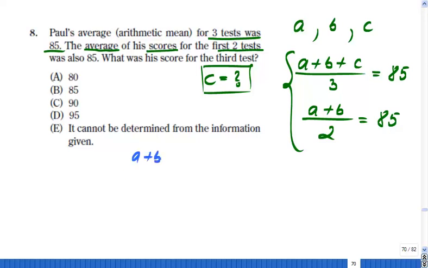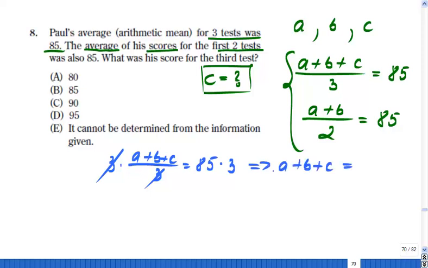I will multiply by 3 both sides. 3 divided by 3 is going to be 1. A plus B plus C equals 3 times 85, which is what? 3 times 5 is 15. 3 times 8 is 24, plus 1, 25, 255.